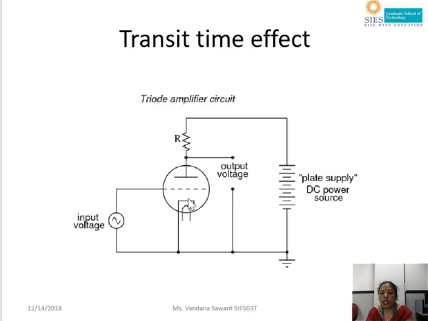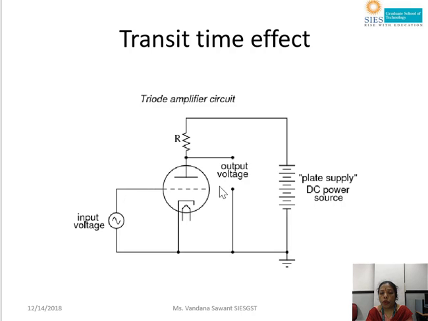That is, the time taken by an electron to reach the grid is comparable to or more than the positive half cycle of this AC signal. That is called the transit time effect.